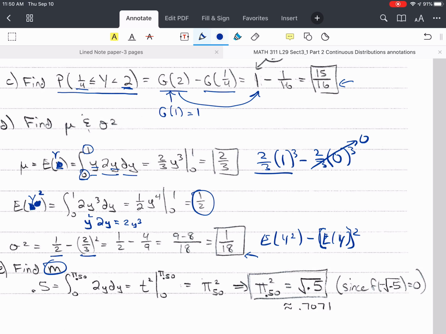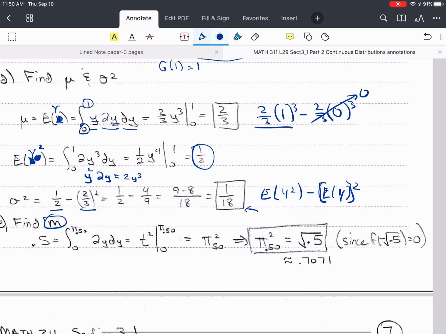So what we do here is we put p, remember, this is p, equal to the integral from the lower value, whatever that is, up to pi sub p, and then we'll do f of y, in this case, dy. And so I don't know why I switched this to t squared. This should be y squared.